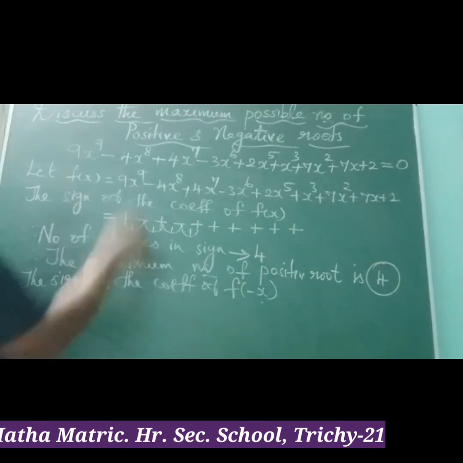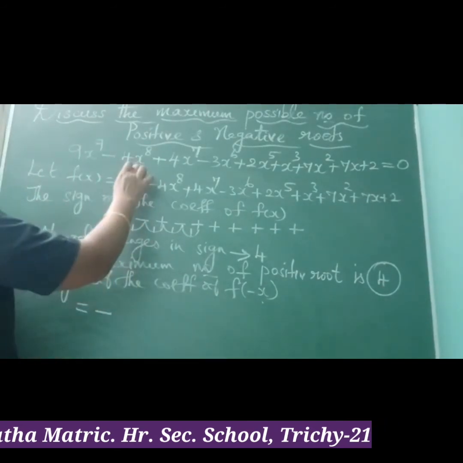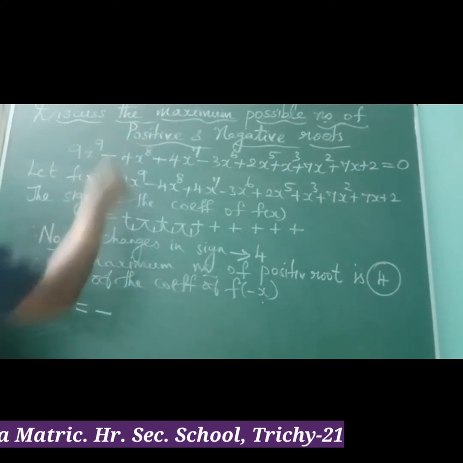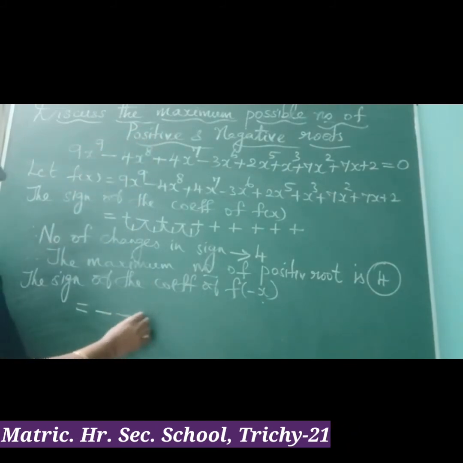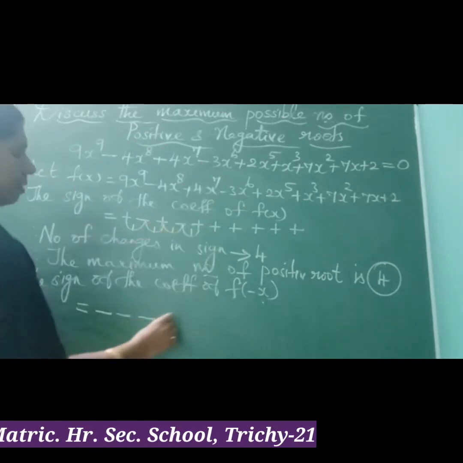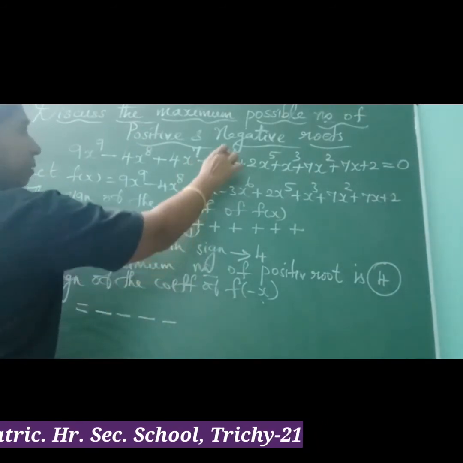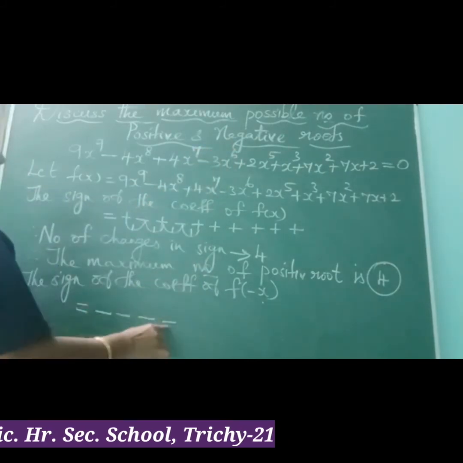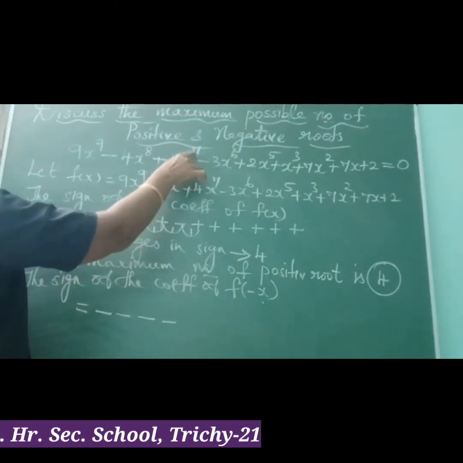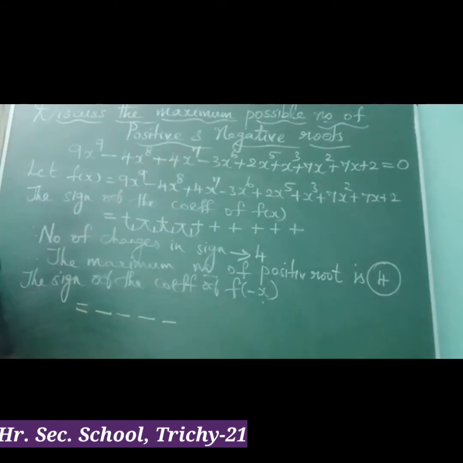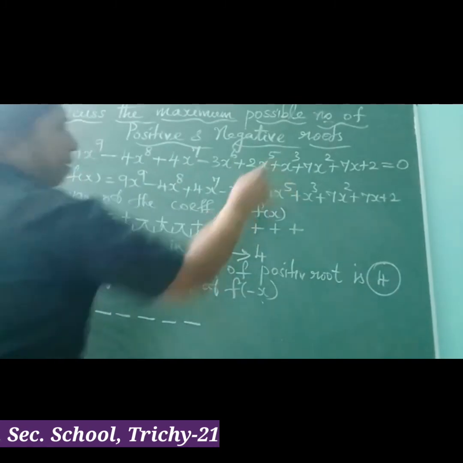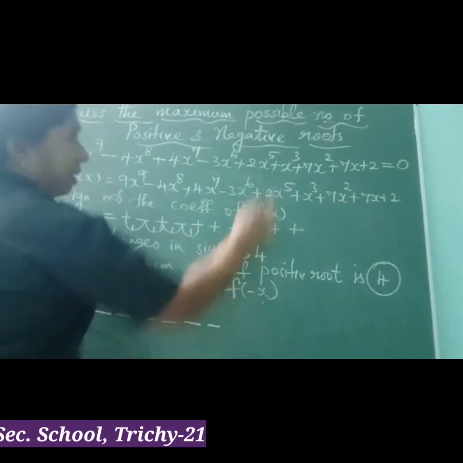Here the power is odd, so this is minus. The power 8 is even, already we are having one minus, so this is also minus. The next one is also minus. Minus 3x⁶, the power is even, already minus is there. Then 4x⁷, odd power means this will become minus. Here also odd, so minus. Plus x³ is also minus.